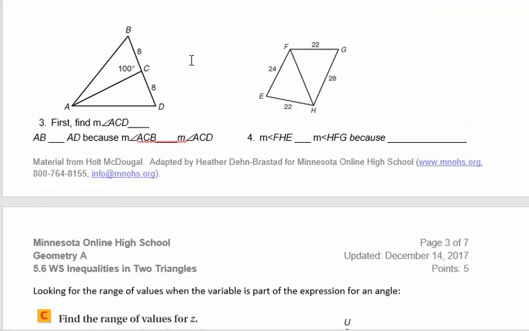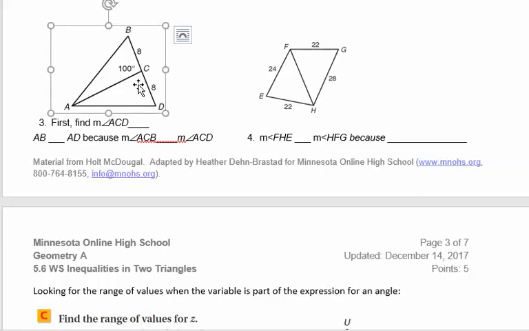Now, if you have two triangles connected to each other, you have to remember how to name your angle measures. And we've talked about this a lot since Chapter 1, Section 1 probably. So when they ask us to find the measure of angle ACD, you start at A, then you go to C, and then you go to D. We're talking about this angle right here.